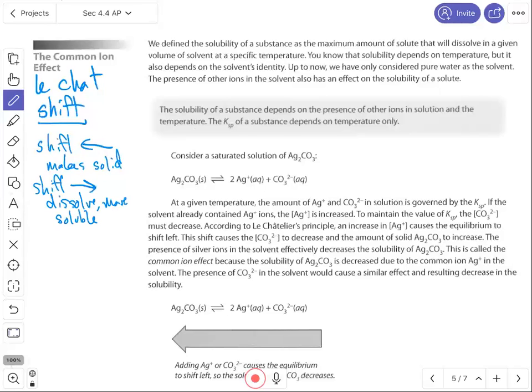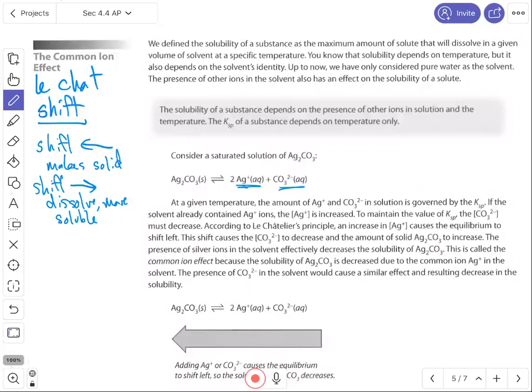There's not a whole lot of things here that can be involved in the shift, because remember, the solid itself is not part of my equilibrium expression. So changing the amount of solid does not actually affect your equilibrium. The only thing you can actually do that will affect equilibrium is change the ions.